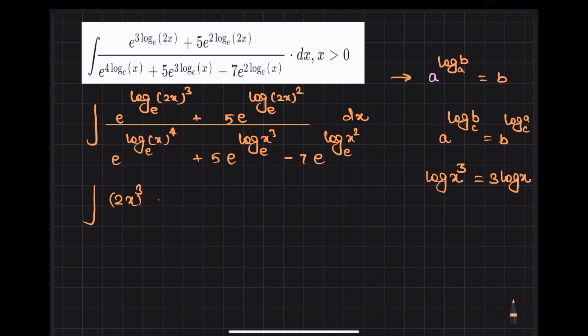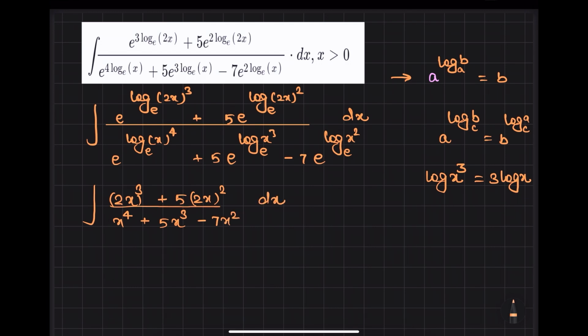Now we have plus 5 times 2x power 2, and the denominator will be x power 4 plus 5x cube, and then minus 7x square.